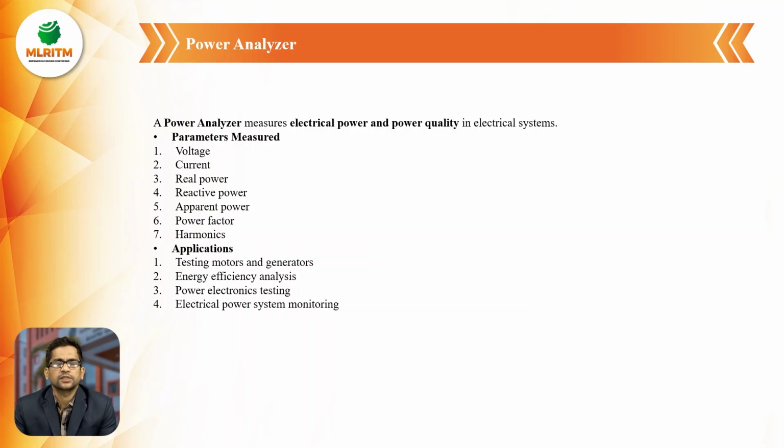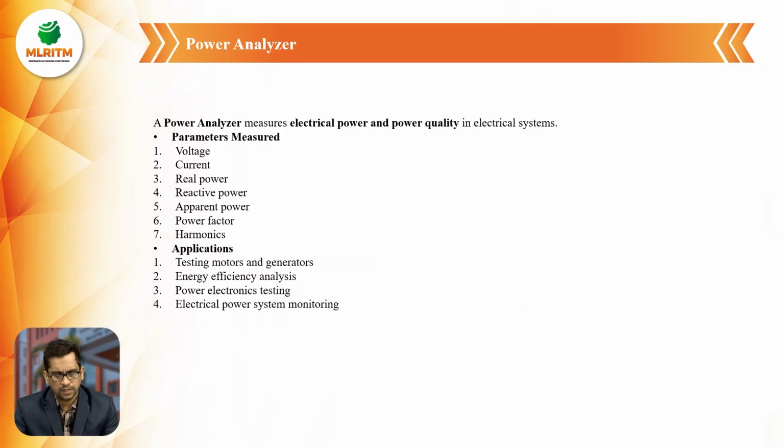These power analyzers are also used in power electronic testing. Power electronic testing means that in power electronic components, we have to measure the accuracy and performance of the power equipment components. The other important application of power analyzers is electrical power system monitoring.